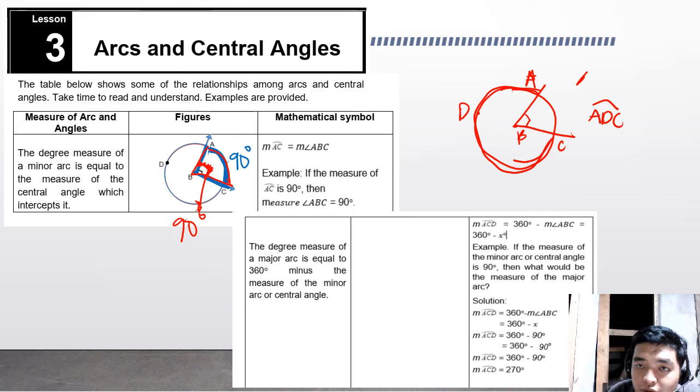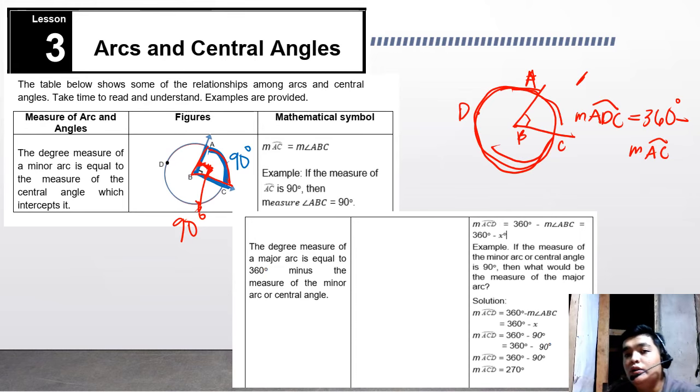The measure of this one is equivalent to 360 degrees minus the measure of arc AC. Why 360 degrees? Because one revolution of a circle is 360 degrees.